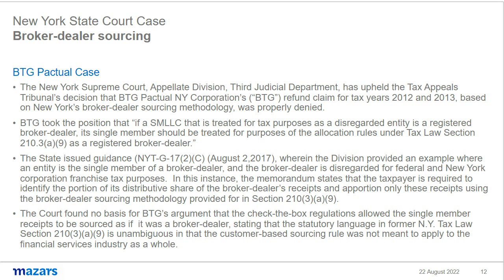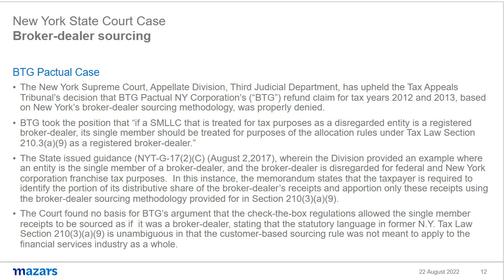So here BTG took the position that because the single member LLC had the broker-dealer license and was a disregarded entity, that attribute could pass up to the single member, and that the single member could also use the customer-based apportionment with respect to non-broker-dealer services. And in fact, that was pretty consistent with New York State's guidance that had been issued in that time frame.